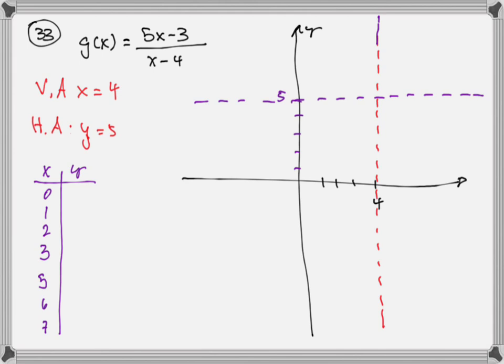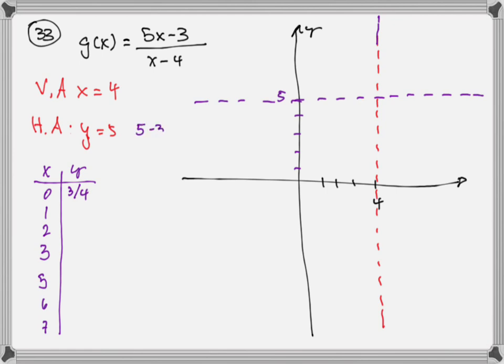If x is equal to 0, what is y? 3/4. If x is equal to 0, you have 5 times 0 minus 3 over 0 minus 4, which is 3/4.